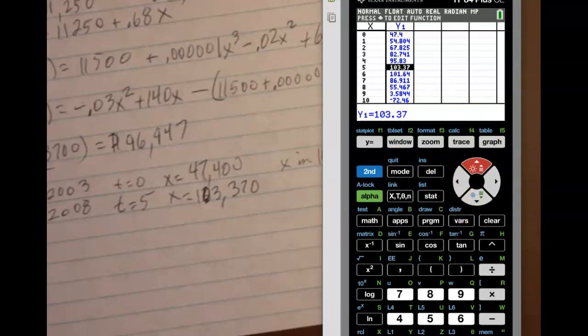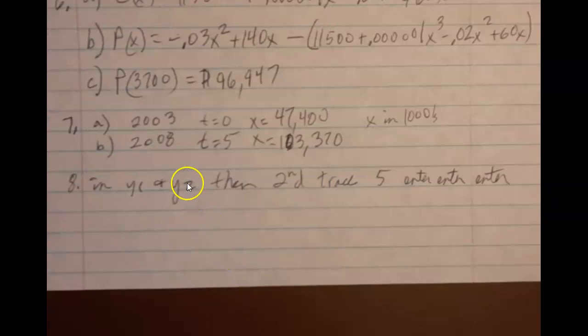When you're asked for units, you probably ought to round to the nearest whole number, but if you put 3 decimals, that'd be fine. Here the answers need to be either 47.4 thousand or 103.37 thousand, or you could do like I did, 47,400 and 103,370.